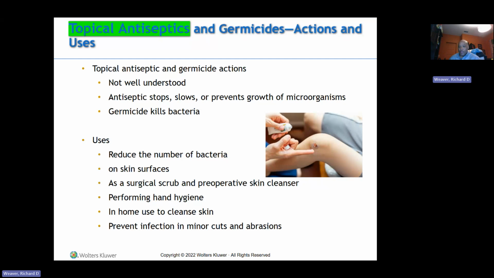We also use them to perform hand hygiene before and after administering care to patients. They are used in the home as a cleanser, and also on minor cuts and abrasions in order to prevent infection, because the staphylococcus and the streptococcus can get into the wound. So these drugs can help prevent these wounds or abrasions from becoming infected.